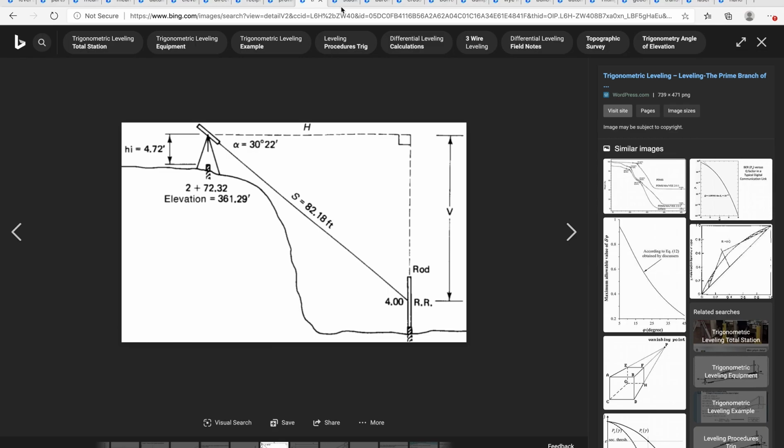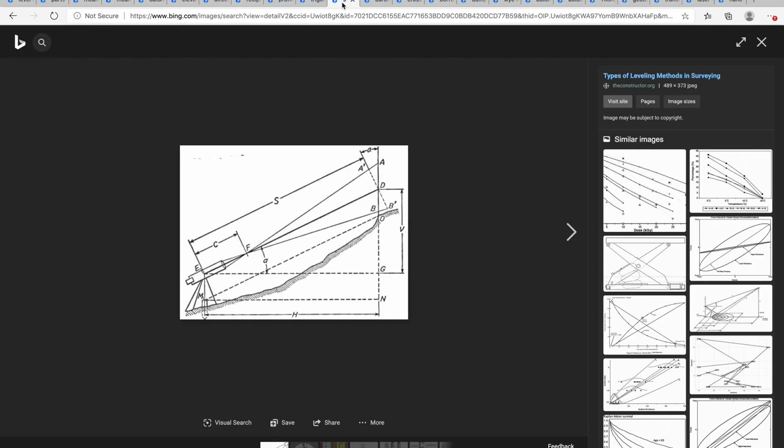Okay? So, this is how stadia leveling goes. You have here your instrument, and you're going to read. You will be having three readings: upper reading, middle reading, and lower reading.